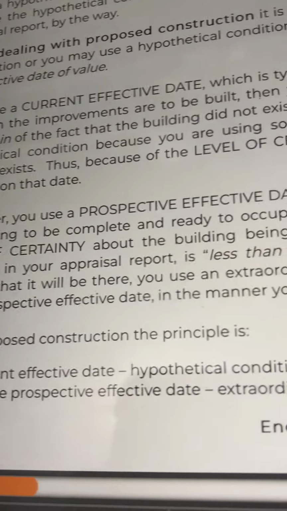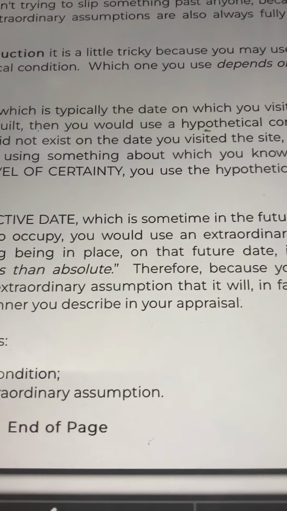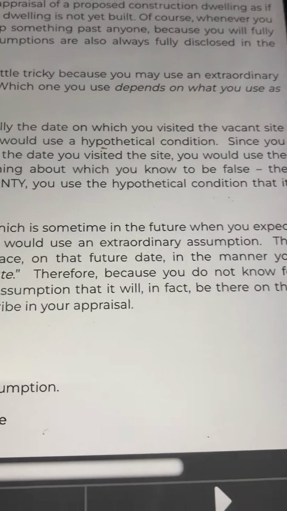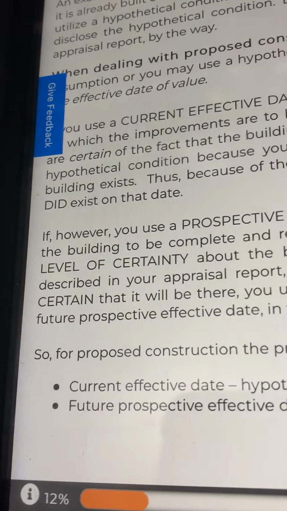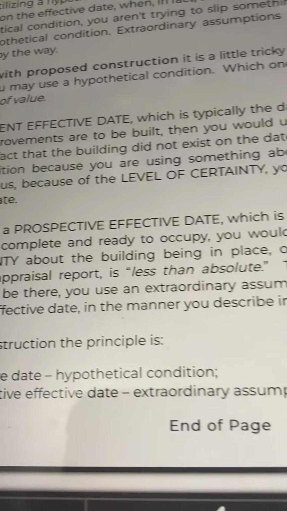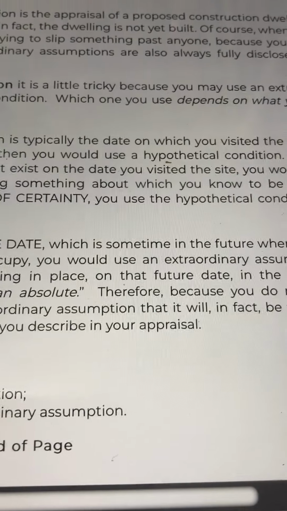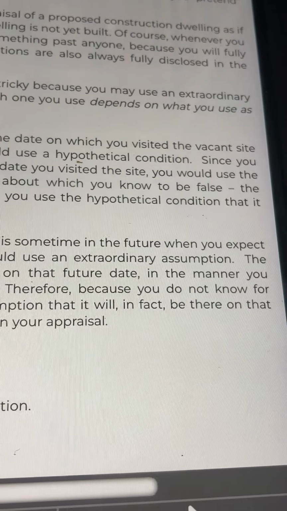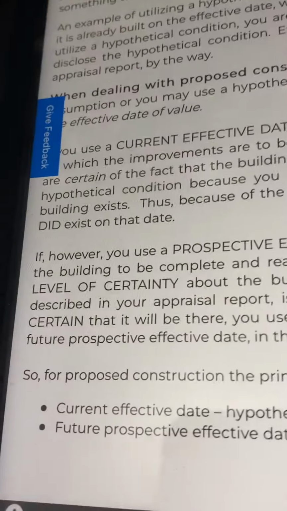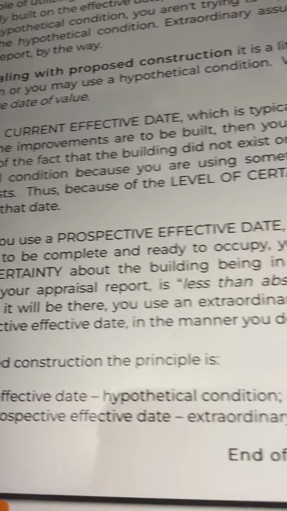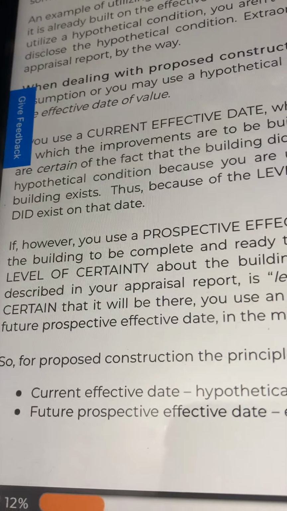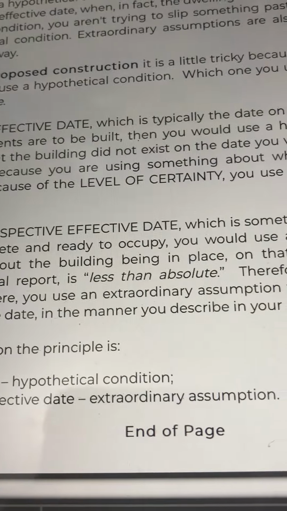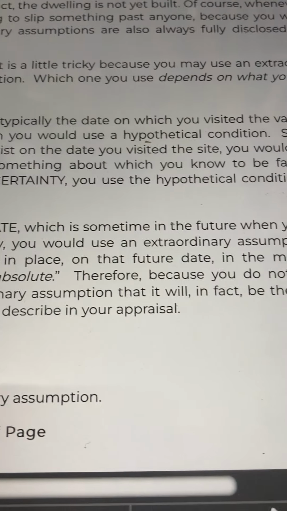If, however, you use a prospective effective date, which is sometimes in the future when you expect the building to be complete and ready to occupy, you would use an extraordinary assumption. The level of certainty about the building being in place on that future date in the manner you described in your appraisal report is less than absolute.